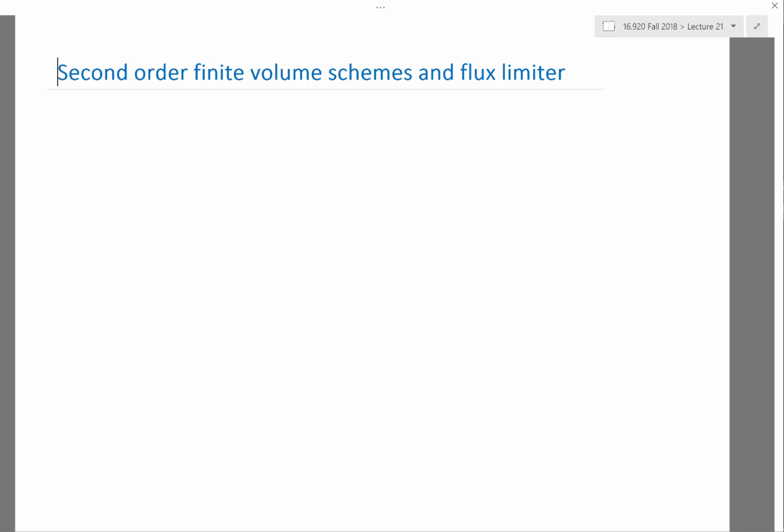laws. So finite volume, we start with what's called the conservative equation: the time derivative of the density of a conserved quantity plus the spatial derivative of its flux is equal to 0. Finite volume is specialized for solving this kind of equation. If you can write a differential equation into a form like that, you can solve it with finite volume.